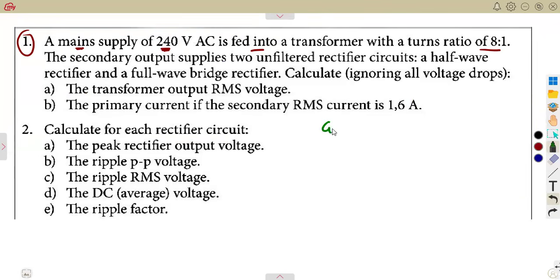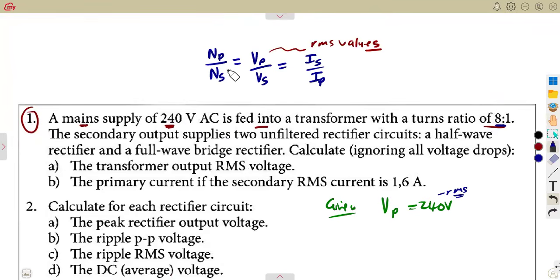So we are given, in this case, VP of the primary side, which is 240 volts. But like I said, it represents an RMS value. So it is fed into a transformer with a turns ratio of 8:1. As I said, this ratio can represent anything.